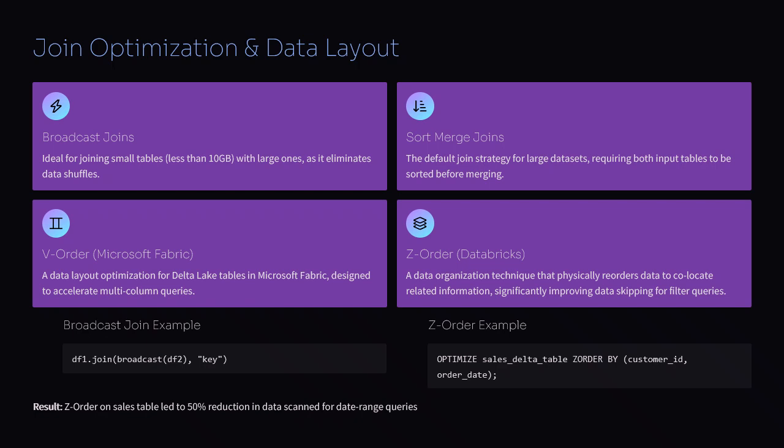By pairing the right join strategy with intelligent data layout optimization, you can significantly reduce shuffle overhead, minimize scan data, and accelerate your overall query performance in both Databricks and Microsoft Fabric environments.